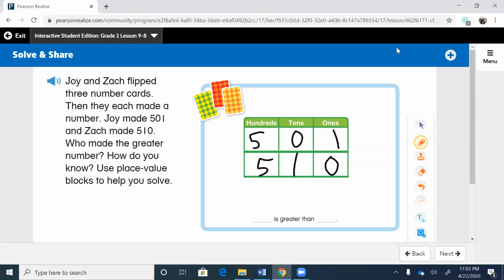If they are the same, then you have to look at the tens. What number is bigger, 0 or 1? Yes, I know that 1 is a bigger number than 0. So therefore, 510 is greater than 501.